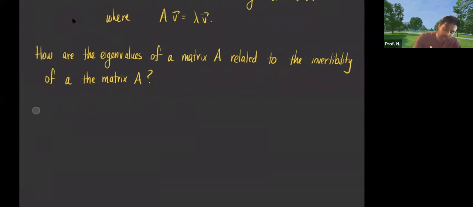So let's just go back to the example that we have. What was it again? It was 6, -3, -8. Sorry, +3. 0, -2, 0, and 1, 0, -3.